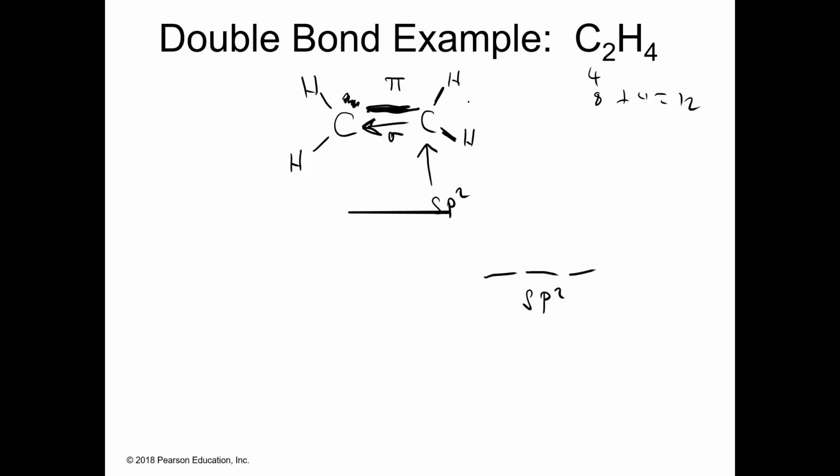We have 3 sigma bonds, 2 to hydrogen, 1 to carbon, so single electrons here. And we happen to have a p orbital that is not used. Because the ground state is 2s2 and then 2p2, that means we have 4 electrons, and that 4th electron goes into an unhybridized p orbital. That's the one that makes that pi bond.